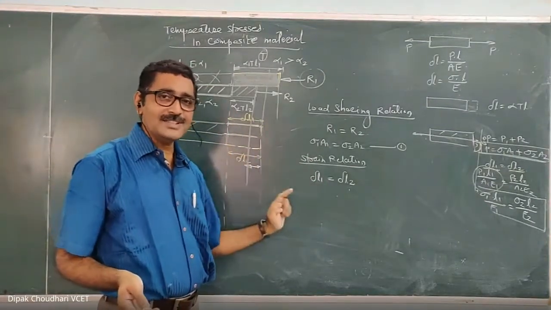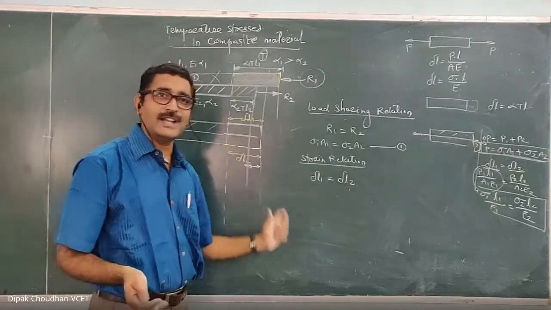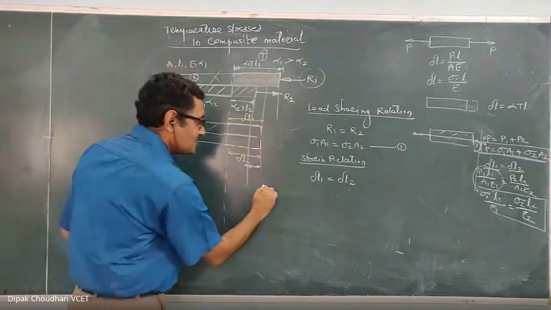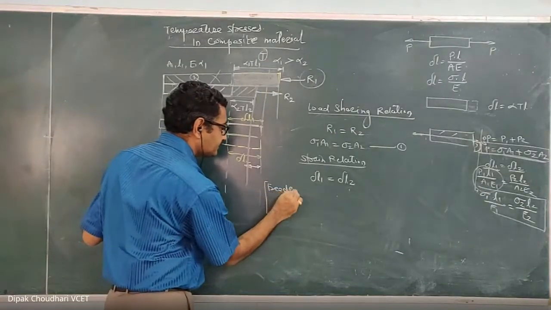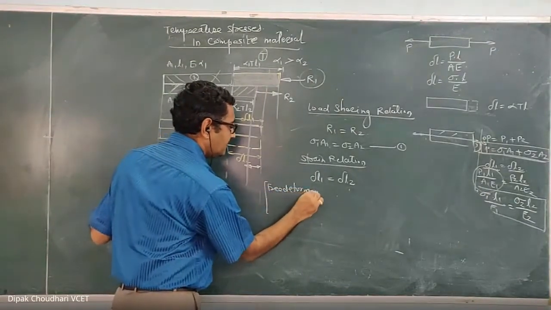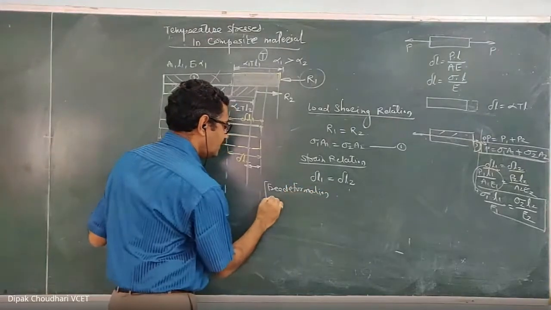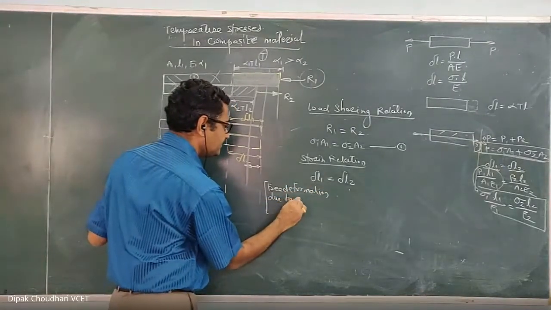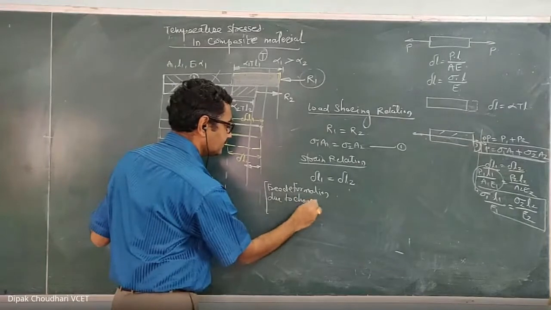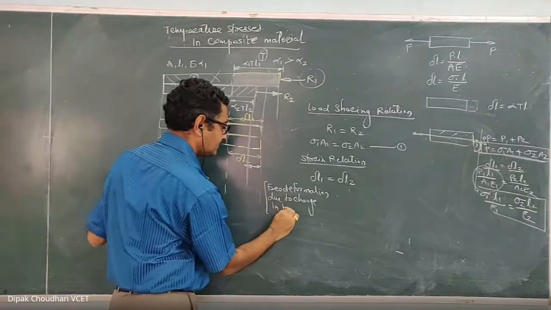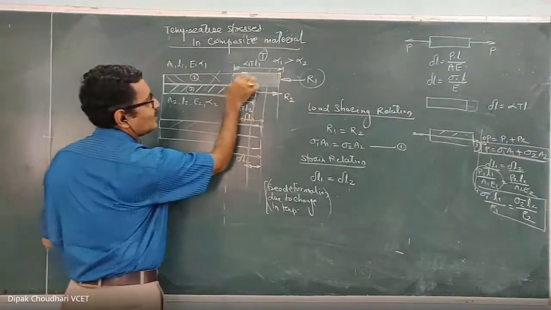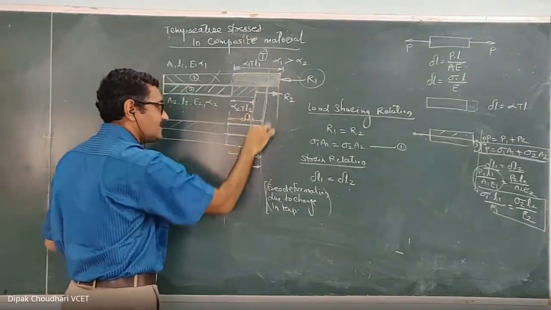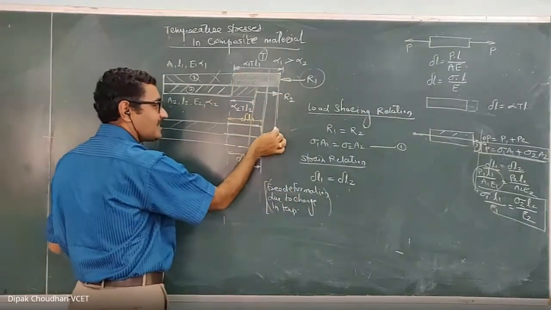In case of the thermal stresses, in case of the temperature stresses, this final deformation has two components. Which are the two components here? It is the free deformation due to change in temperature. This is the first part. This first part is this much, but the final deformation is less than this. Why is it less?